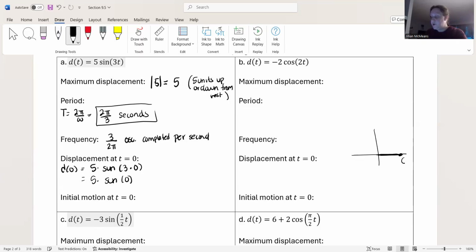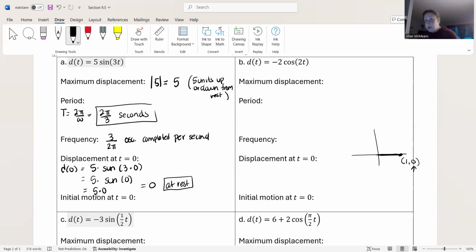What point is on your unit circle? It's the point 1, 0. And remember, x is cosine, y is sine. So what is sine of 0? Well, it's 0. So we would get 5 times 0 equals 0. So what this tells me is we're 0 units away from rest. So at time equals 0, we're at rest. So we're at that equilibrium point.